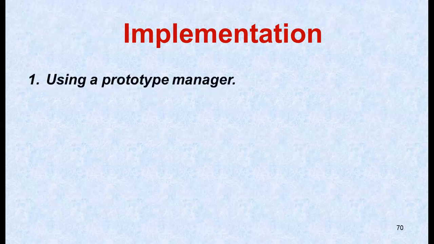The first issue is using a prototype manager. So here, when the number of prototypes in the system is not fixed, then we need to keep a registry of available prototypes so that the clients won't manage the prototypes themselves but will store and retrieve them from the registry. So a client will ask the registry for the prototype before cloning it, so we can call this registry a prototype manager.